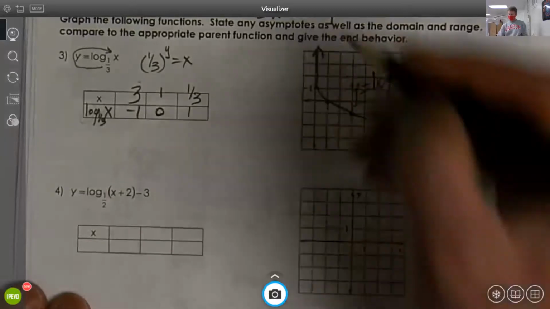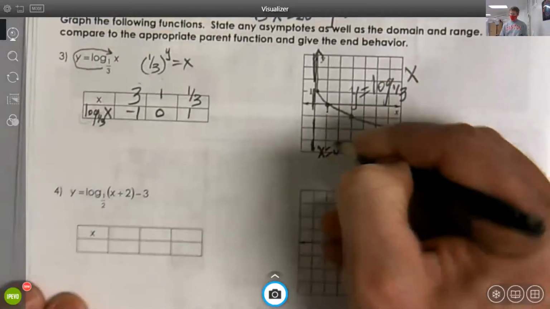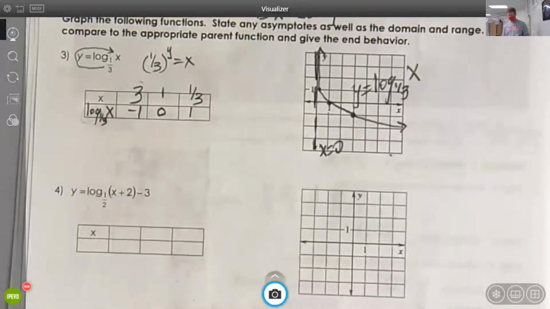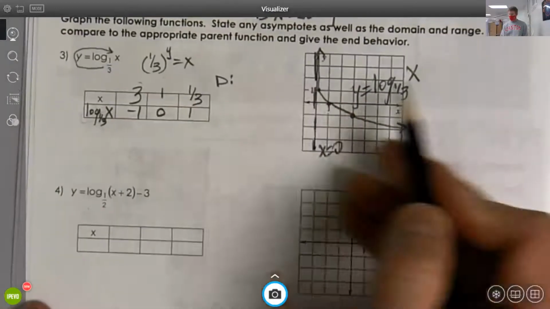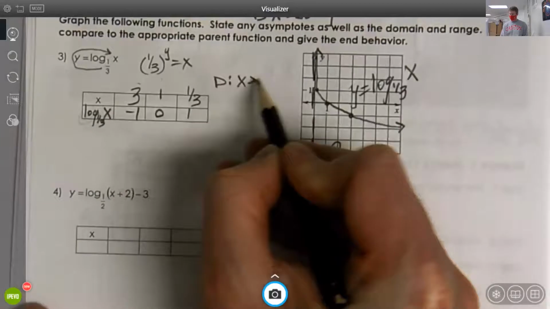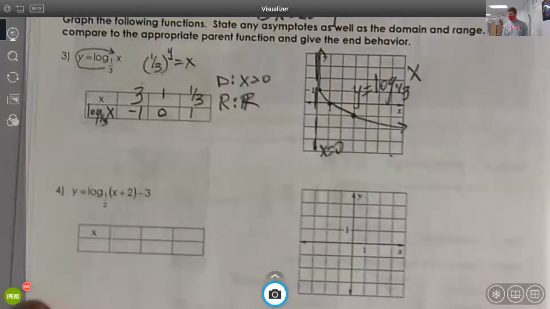We know we have an asymptote at x equals 0. And we could say our domain, if we cared about that, was greater than 0 and our range was all real numbers.